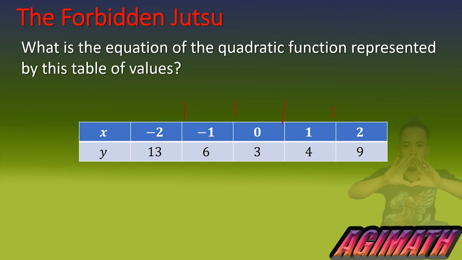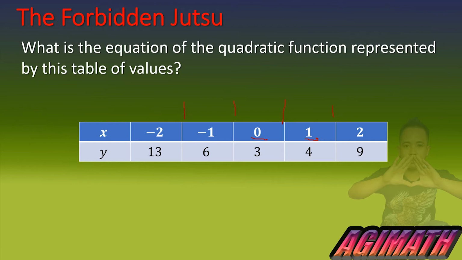The second criterion is there should be 0 among the x values. And I think it's very visible that among the x values there is 0. So we were able to meet the second criterion. The third criterion is there should be 1. They are so sweet, they should be together in order for this Forbidden Jutsu to work. So we have 0 and 1.